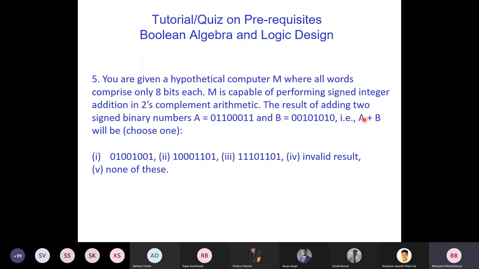For the timing, just forget about the implementation of the adder and so on. Just follow the rules of arithmetic. What will be the addition of A plus B? Remember that these are in 2's complement, so they can represent positive or negative numbers using 8 bits. Very simple. Please do it and let me know.